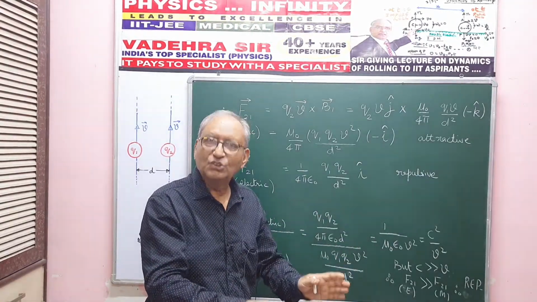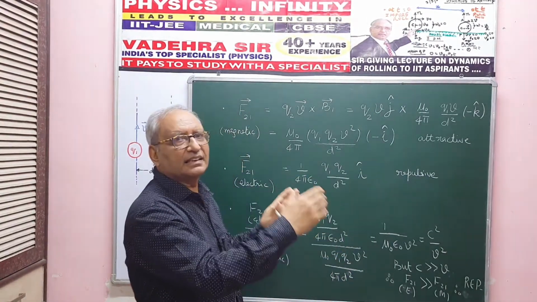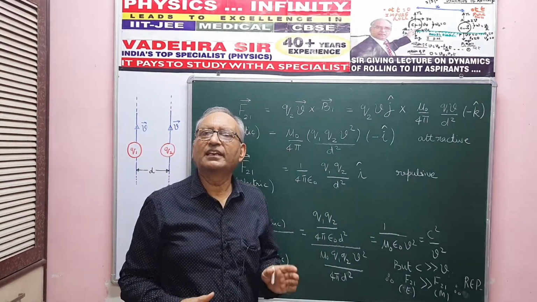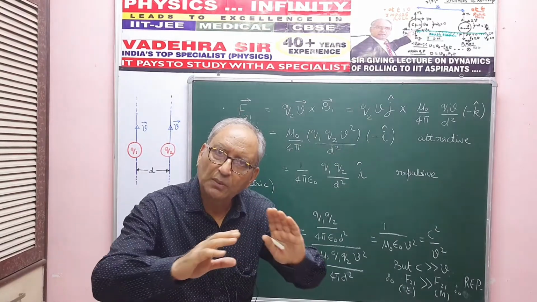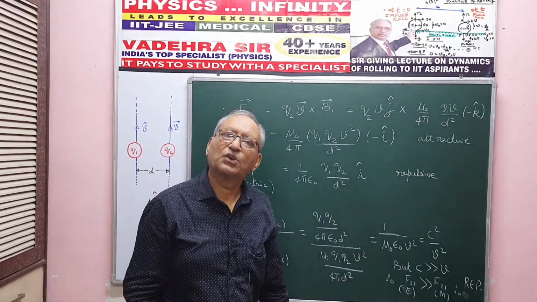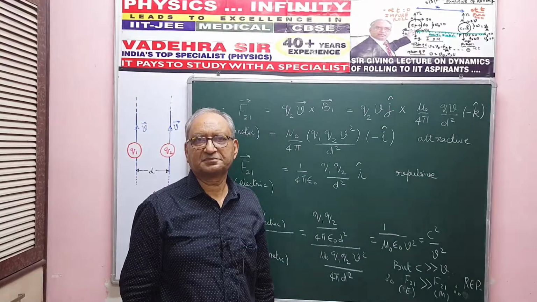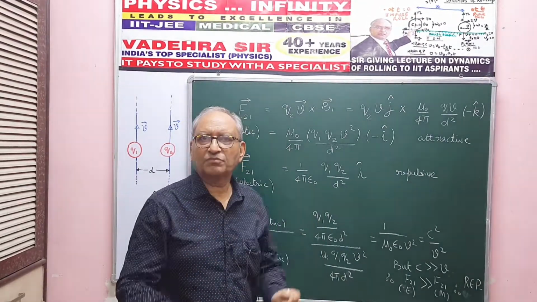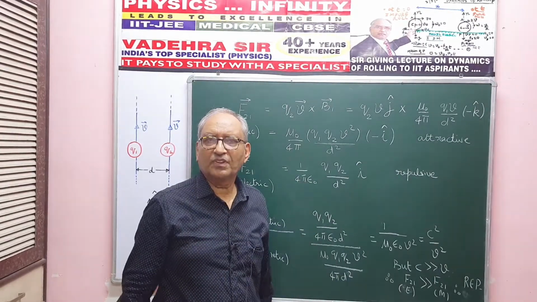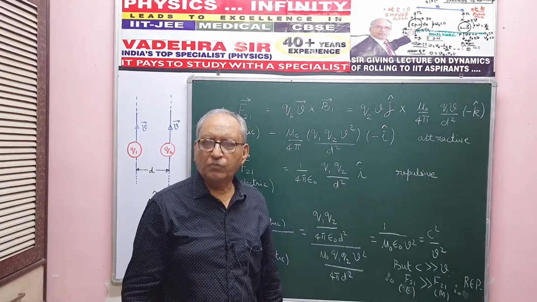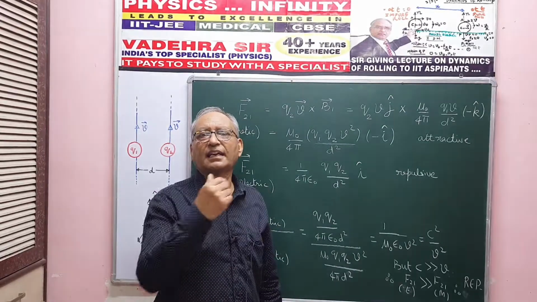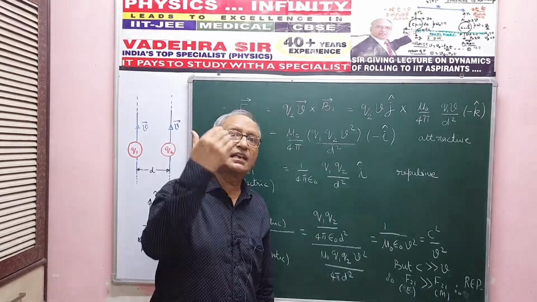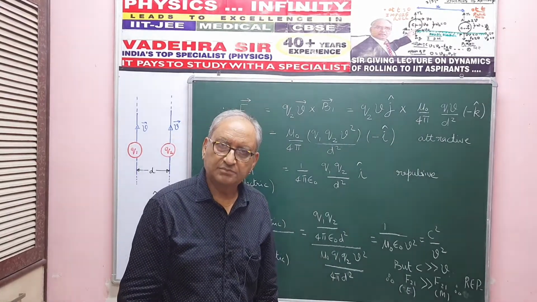That is why two parallel current carrying wires placed near each other eventually get attracted due to magnetic attraction only. So with this, you have learned magnetic attraction, electrical repulsion, and why two parallel current carrying wires attract each other only due to magnetic interaction, and why electrical interaction is not there.